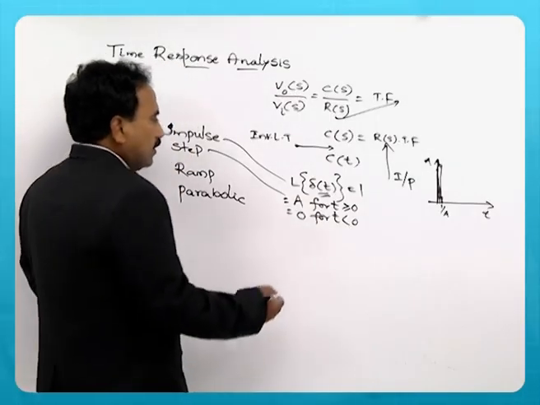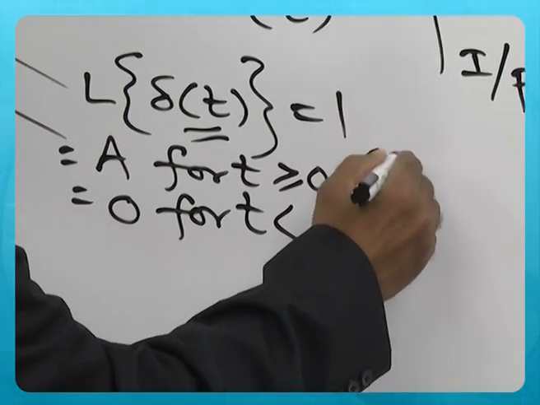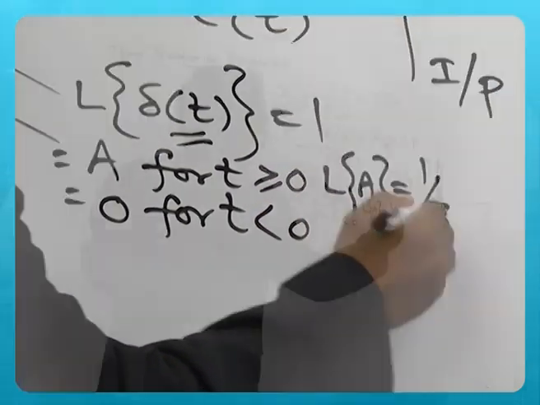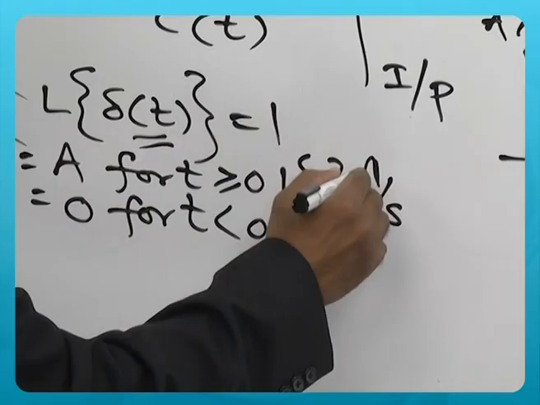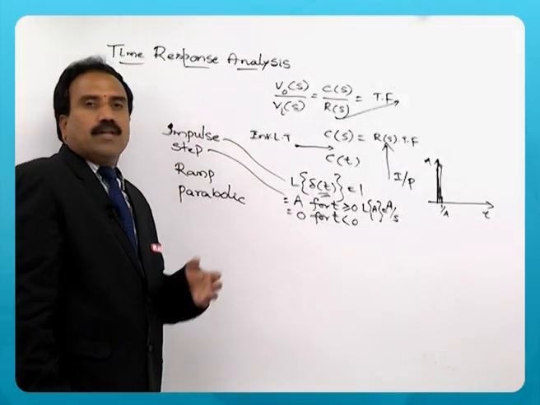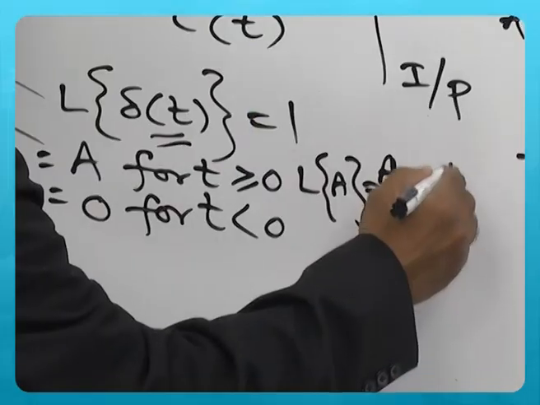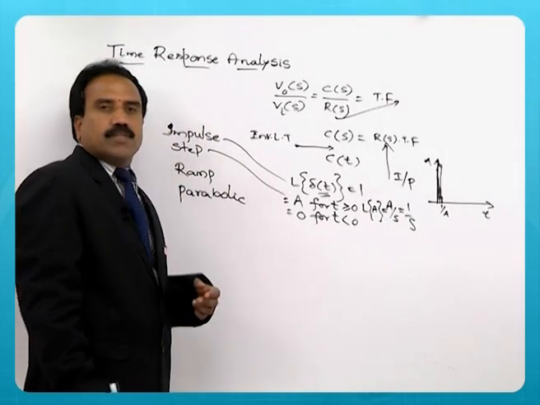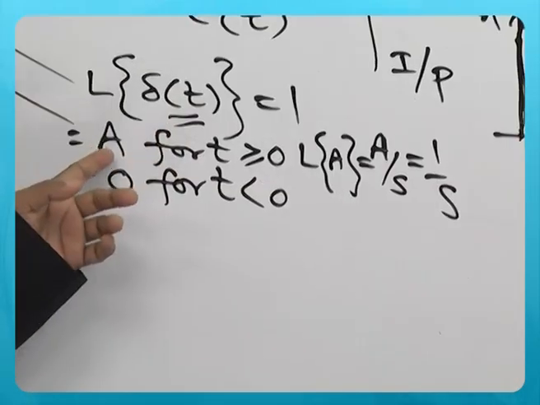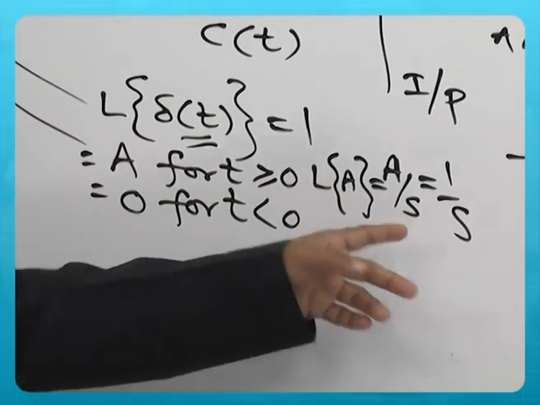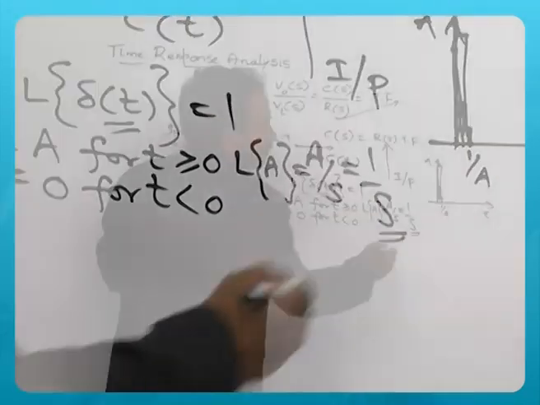The Laplace transform of A is A by s, and if it is a unit step, it is 1 by s.